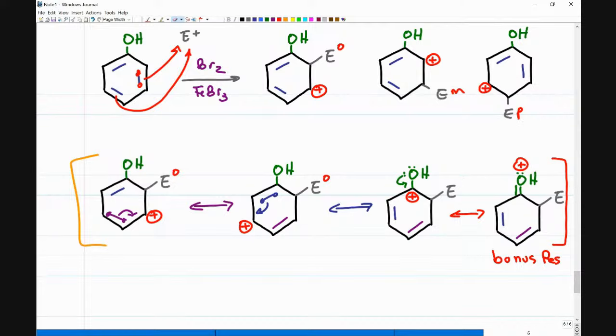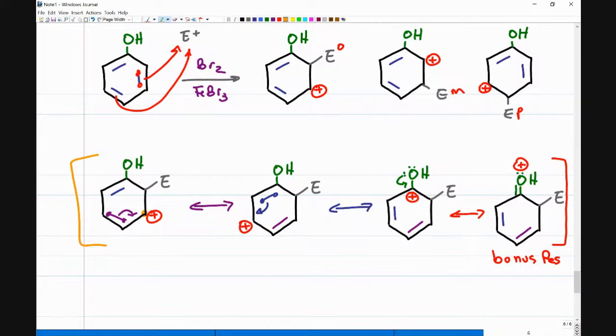All right. Any questions on what I did here with the resonance? Now here is what I want you to pay attention to. Look at what happened to the carbocation. It started out over here. It never got here, because in resonance, the pi bond is sitting in the middle, so the carbocation always skips a position.